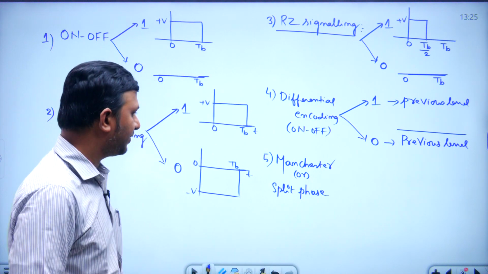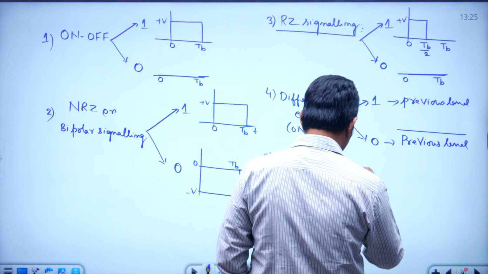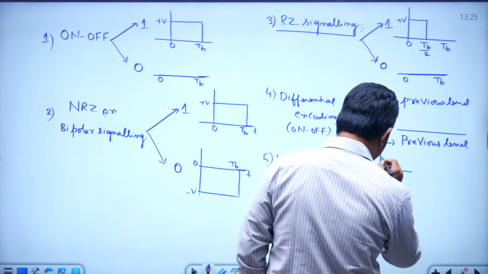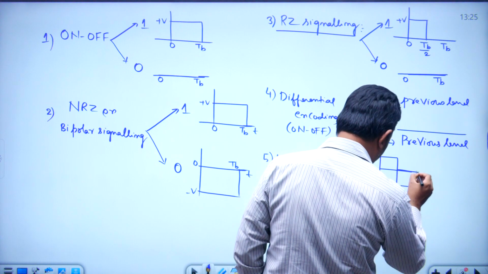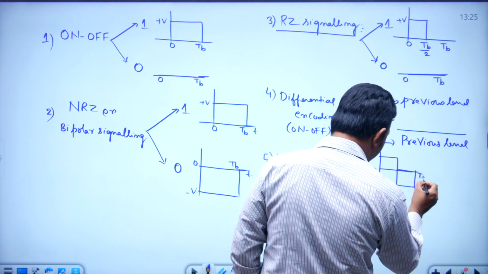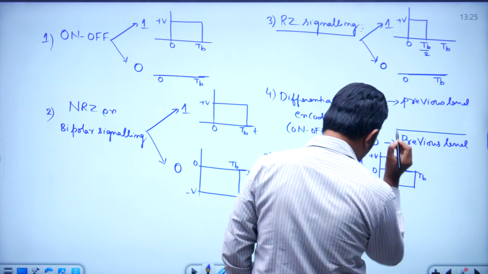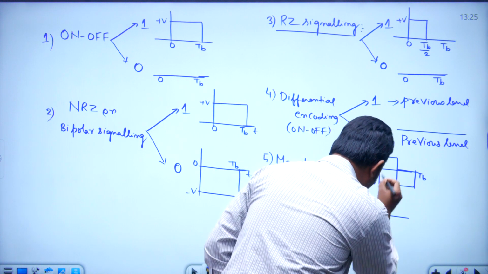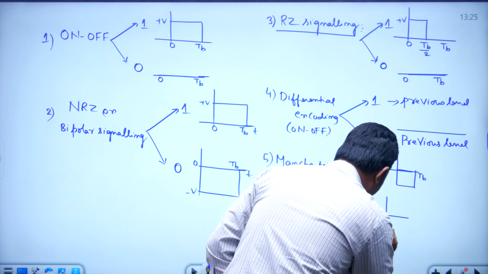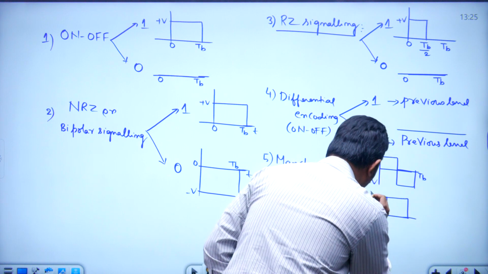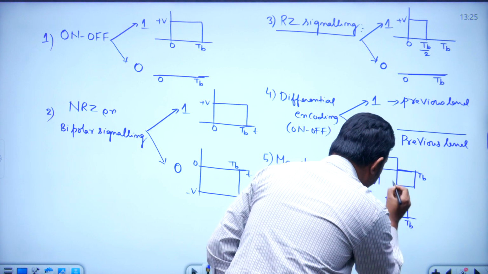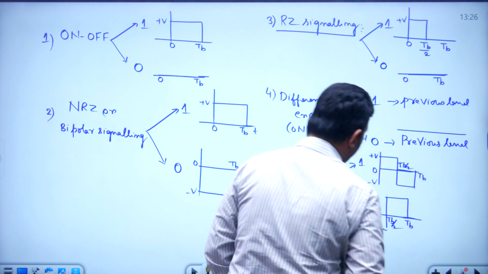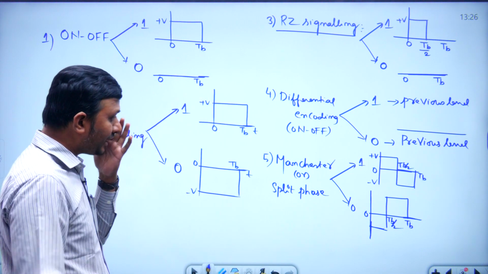Manchester or split phase signaling, in which if you want to transmit 1 or 0, 1 means this kind of rectangular pulse, and 0 means inverted, like this. 0 to TB, this is TB by 2, TB by 2, right. This is about Manchester or split phase.